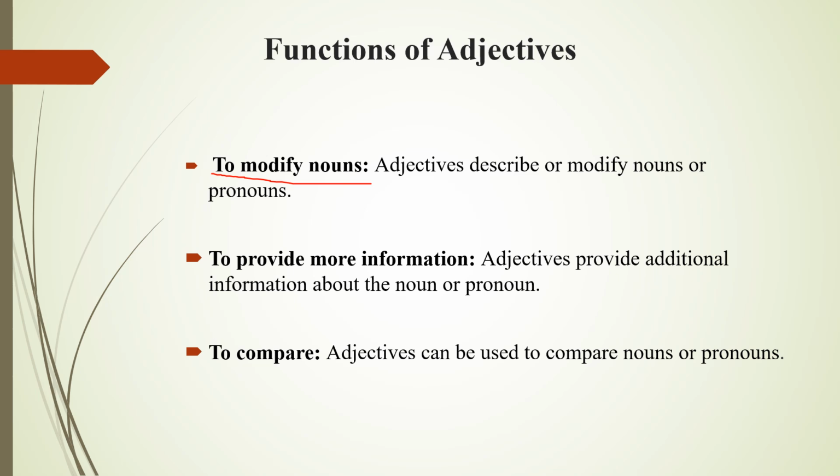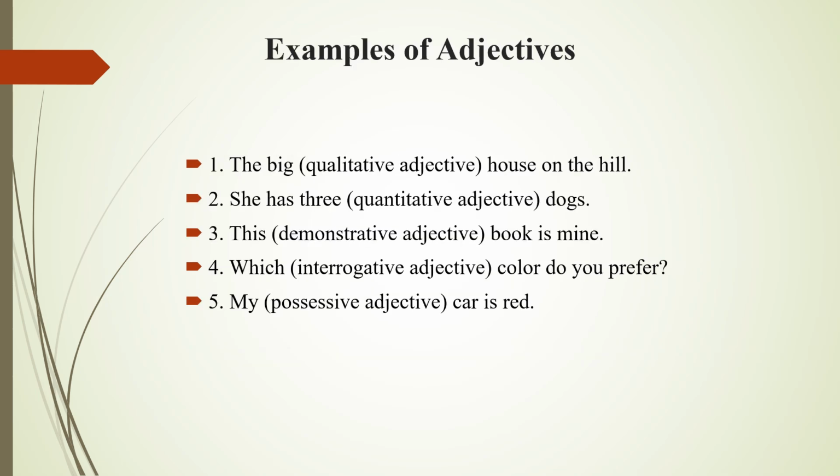So now let us take certain examples of all these kinds of functions which are performed by various types of adjectives. Number one, the big house on the hill.